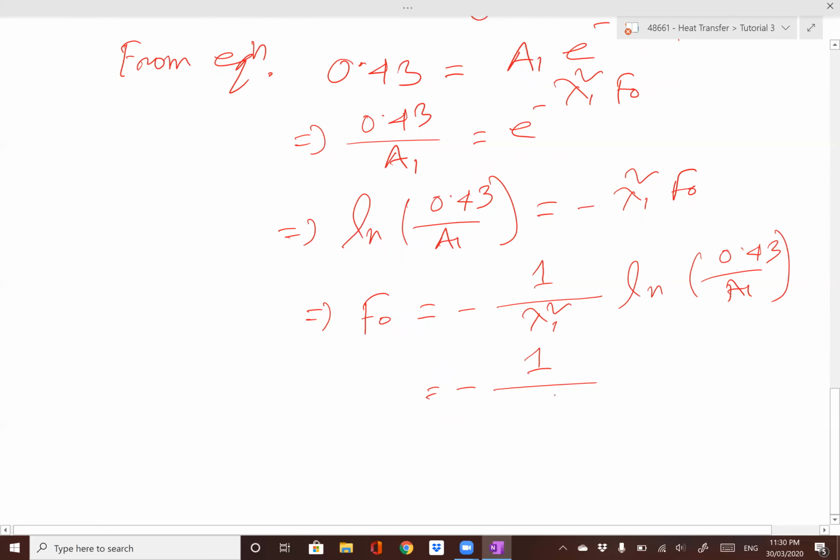Now lambda 1 from the table we got 0.488 square, then log 0.43, and A1 we got from the table 1.0396.